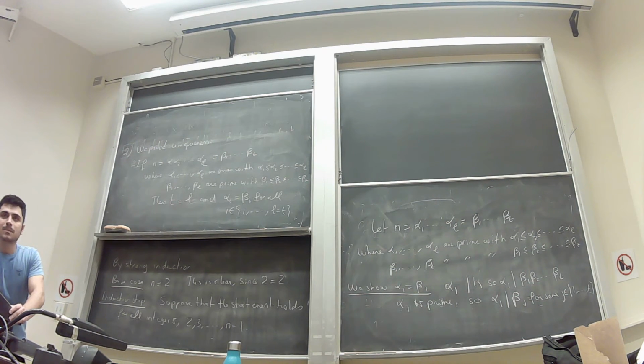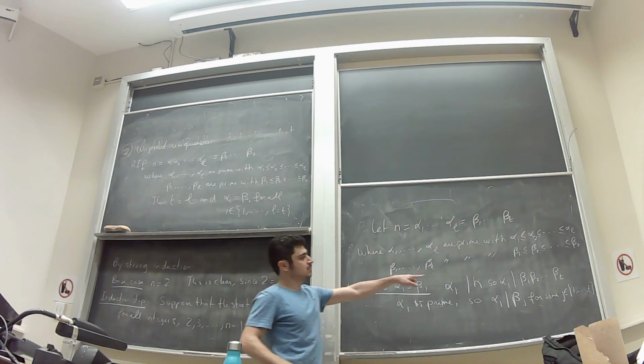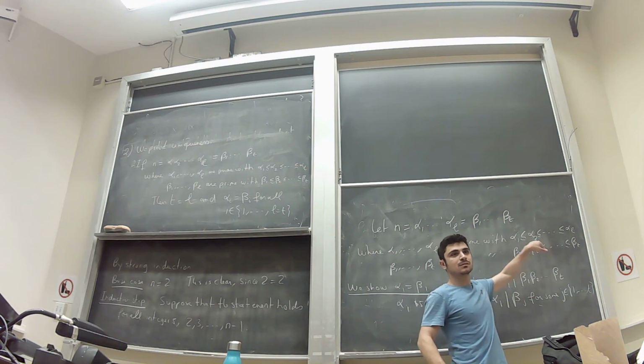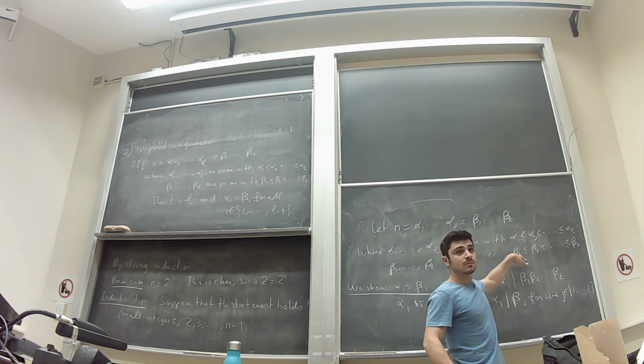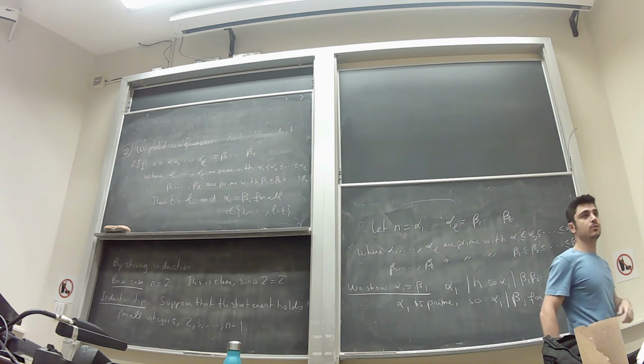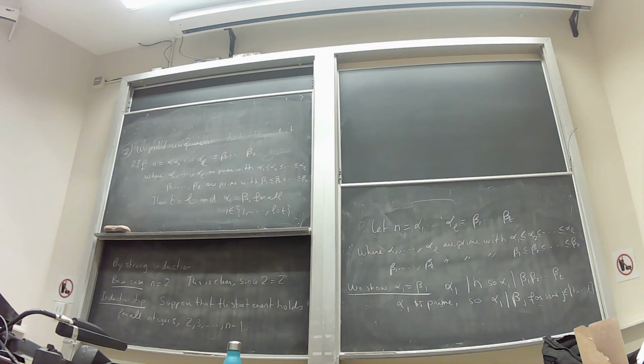Now what can I say about beta j? What's the most important property about the beta j's? They are primes.